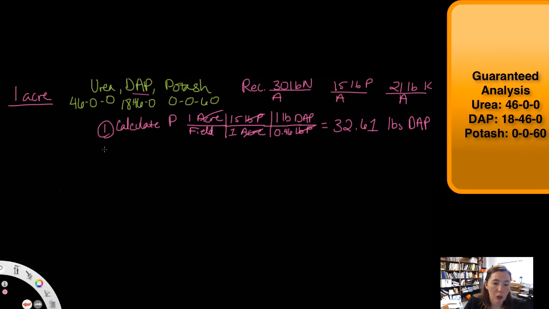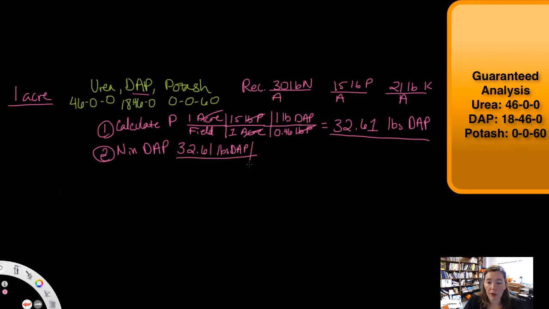The next part is we need to calculate the amount of nitrogen in our DAP. So we're going to start here because this is how much DAP is recommended. So we've got 32.61 pounds of DAP. We're after the amount of nitrogen though in our DAP.